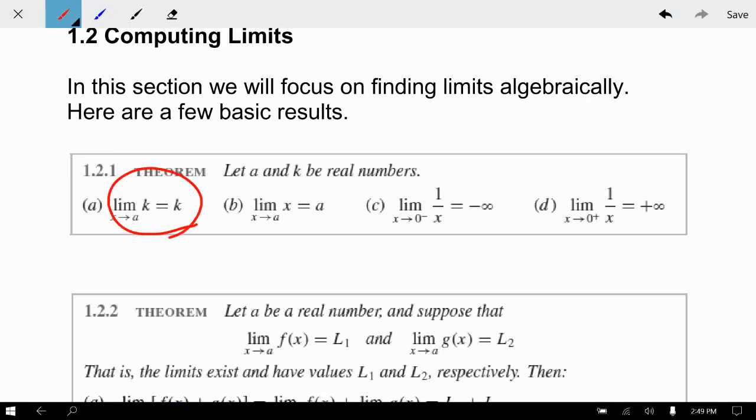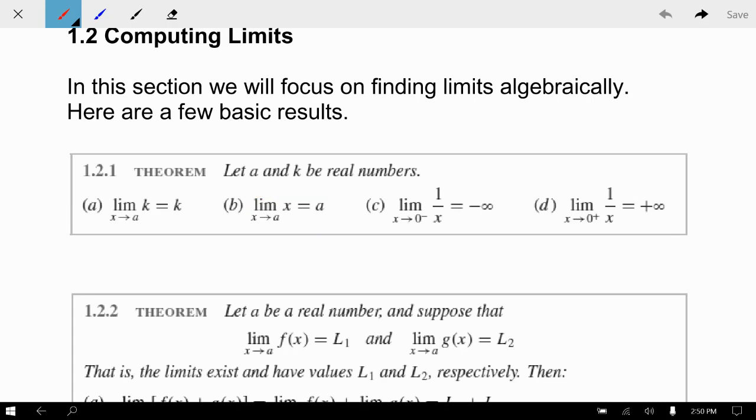So if I had y is equal to k, where k is, let's say, y is equal to 4, regardless of where I evaluate the limit, I'm always going to get the same value. Second one, if I have the function y is equal to x, or f of x is equal to x, then whatever the x value is, the y value is going to be the same. We know that's a continuous function, so the limit value is going to equal the function value.